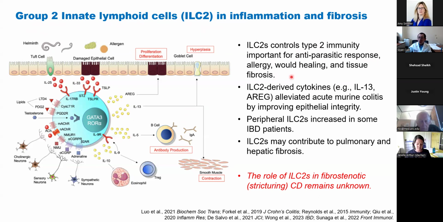Prior studies show that ILC2-derived cytokines such as IL-13 and AREG alleviate acute colitis in mice by improving epithelial cell integrity. Peripheral ILC2s increase in some IBD patients, and this cell type may also contribute to fibrosis of the liver or lungs. However, the role of these cells in patients with fibrostenotic Crohn's disease, or strictuing Crohn's disease, remains unknown.